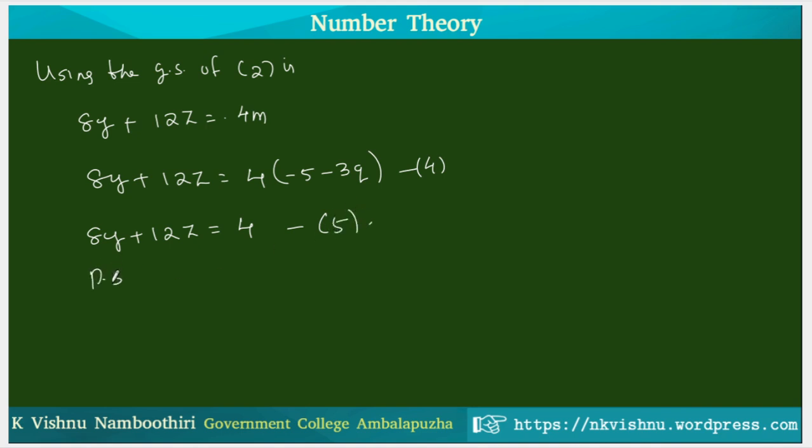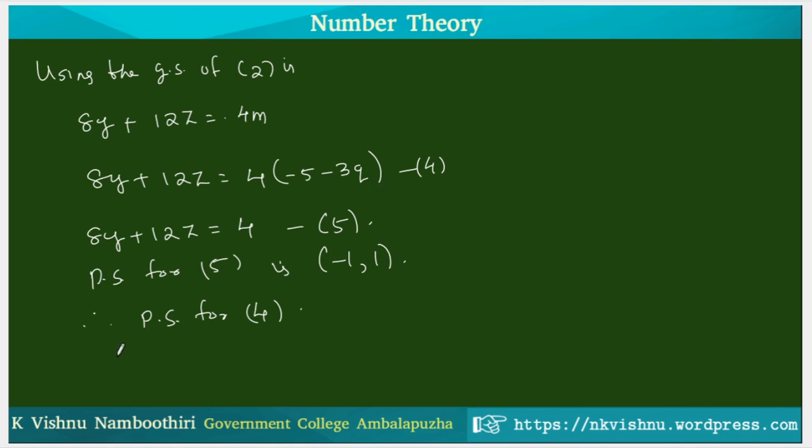A particular solution for 5 is, if you put y equal to minus 1, z equal to 1, so (minus 1, 1). Therefore a particular solution for equation 4: we need 4 into minus 5 minus 3q, so we multiply this (minus 1, 1) with minus 5 minus 3q.